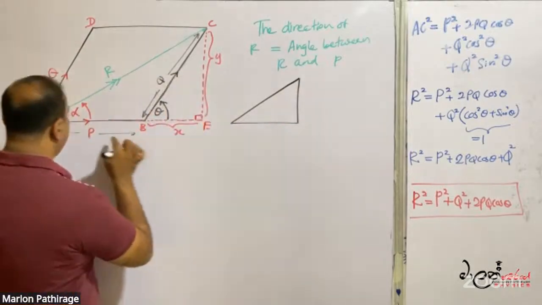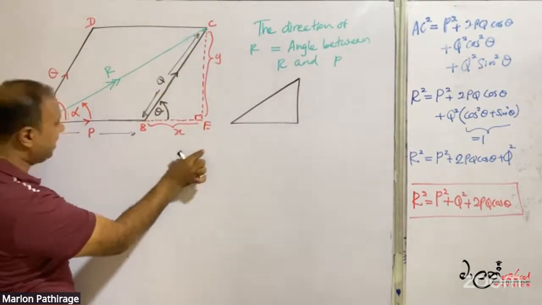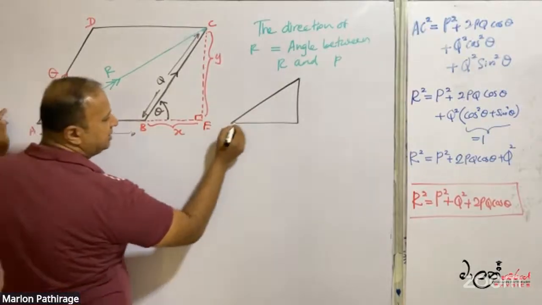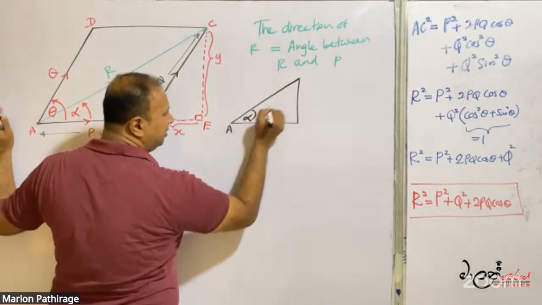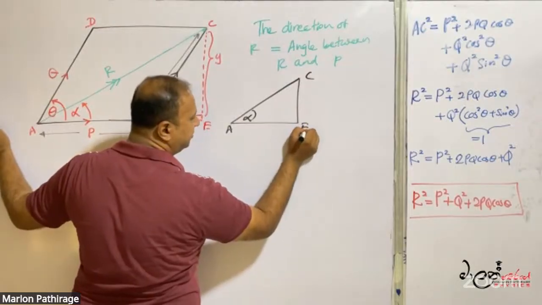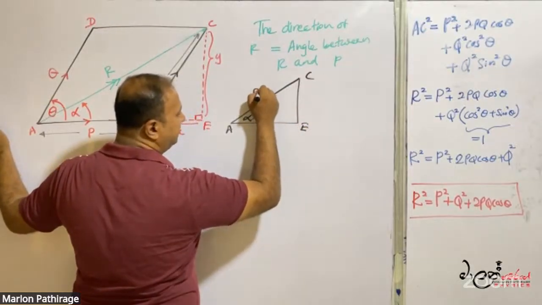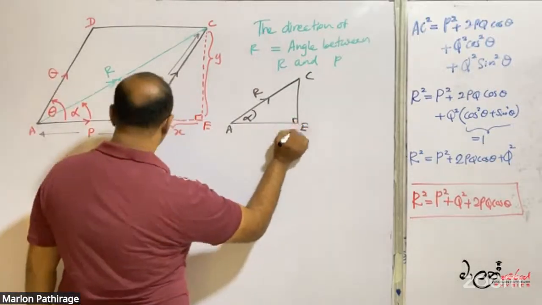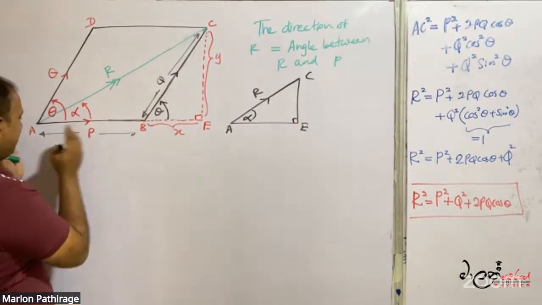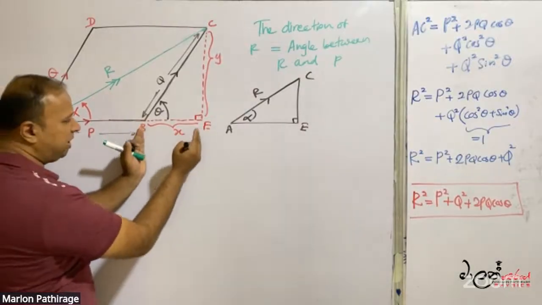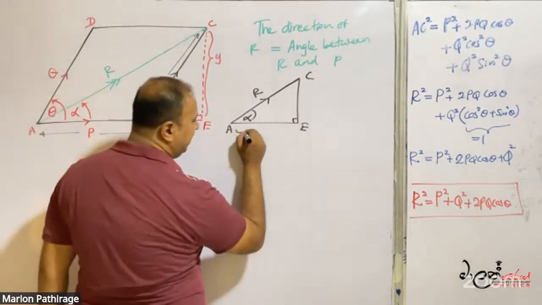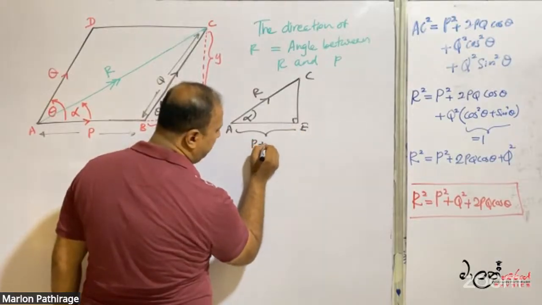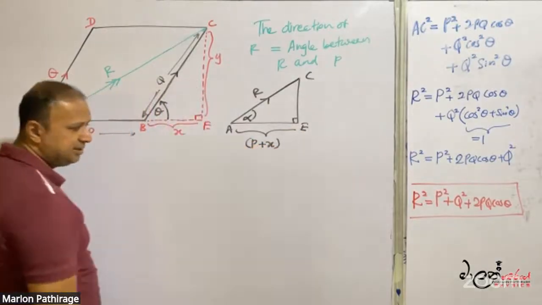If you consider the ACE triangle, this angle is alpha. Here is R, and AE length is equal to P plus X.